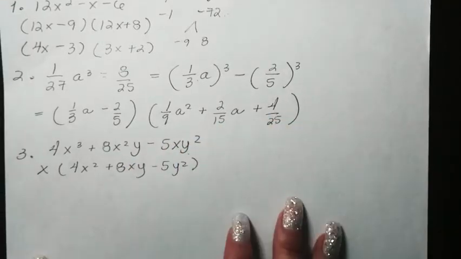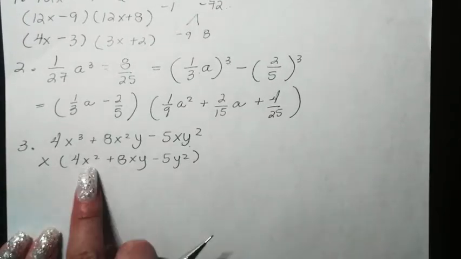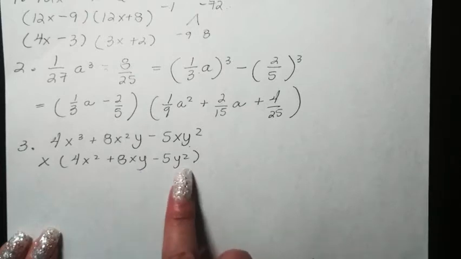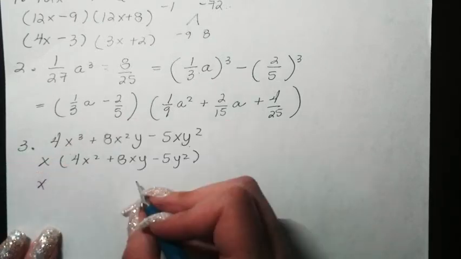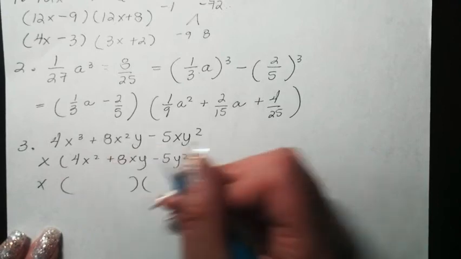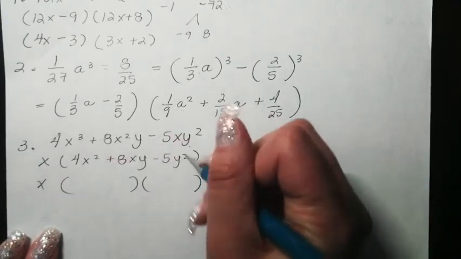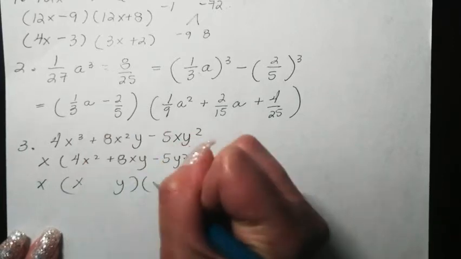So what I do here, I recognize that I have the x squared, then the linear term, and then the y squared. Since I'm looking at this pattern, I want to factor that piece, but it's a little more complicated because I have x and y. So I put the x here, the y here, the x here, and the y here.